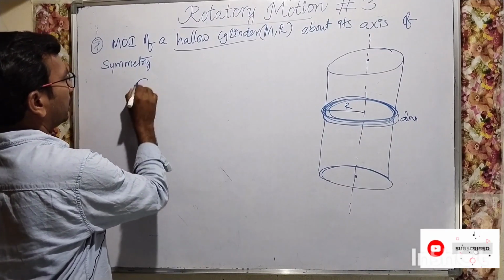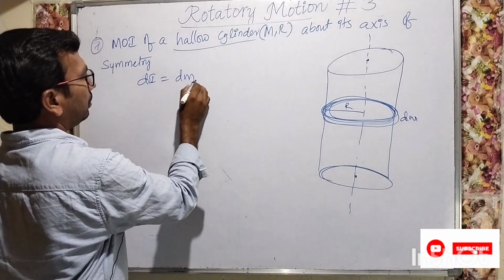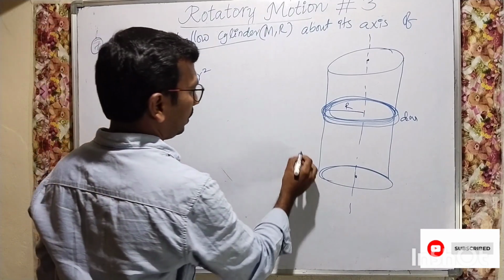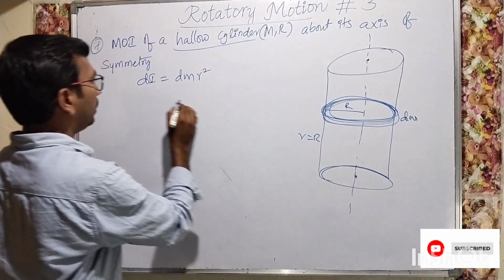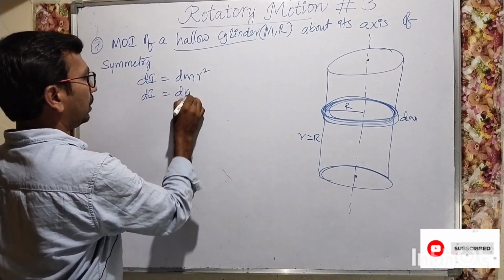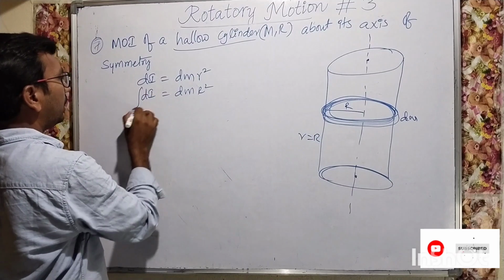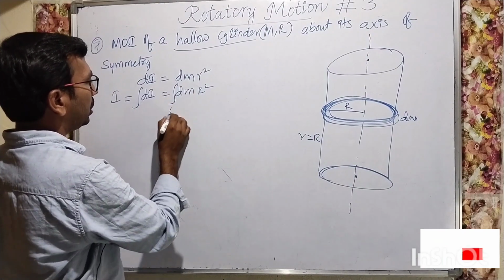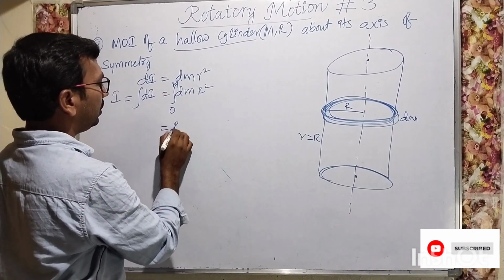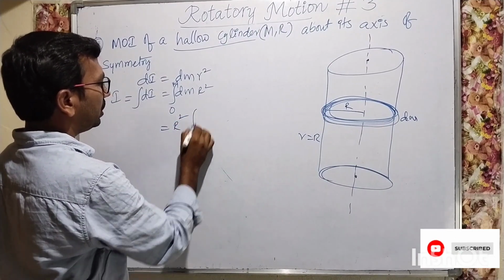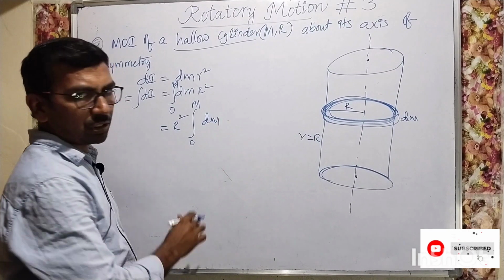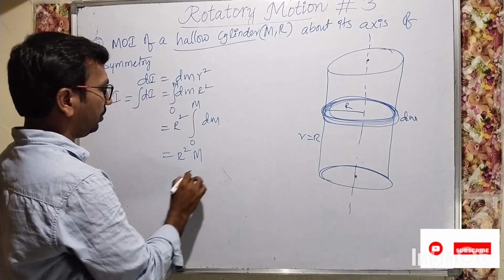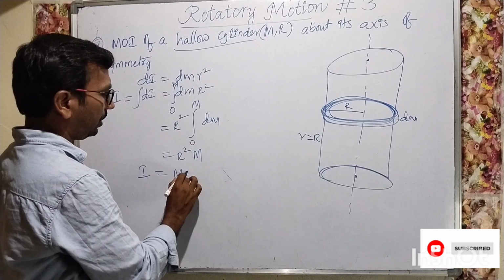So here dI = dm r², and the radius r is equal to capital R. Integrating, you get the moment of inertia of the cylinder about the axis. Integration from 0 to M. Here R² is constant, and the integral of dm from 0 to M becomes capital M. So I = MR².